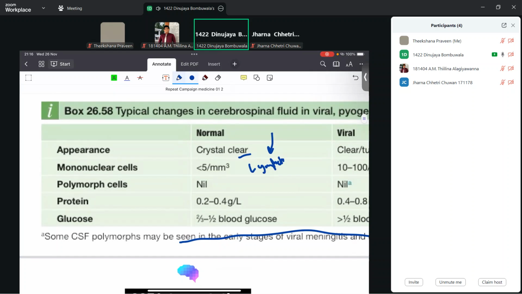Polymorph cells, which are neutrophils, should not be present in the CSF of a normal person. Proteins are 0.2 to 0.4 grams; I don't think the cutoff needs to be remembered. Glucose is usually two-thirds to one-half of the blood glucose level. We should know the normal things before we go into the abnormal things.